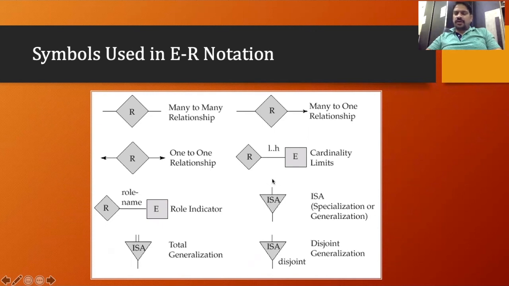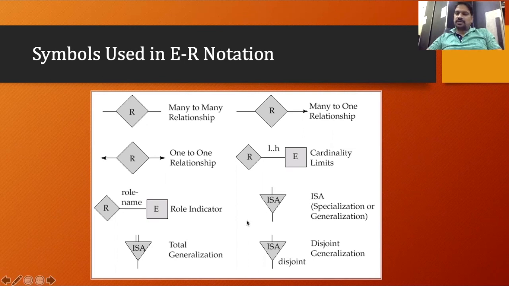Now, if you are going from top to down, what will happen is we can inherit the property of the entity at the top to the bottom. Let's say we have the entity called person or human being, right? So human being has some property. And if we go to the lower level, let's say we have faculty and student.